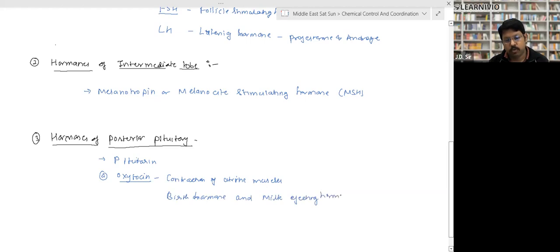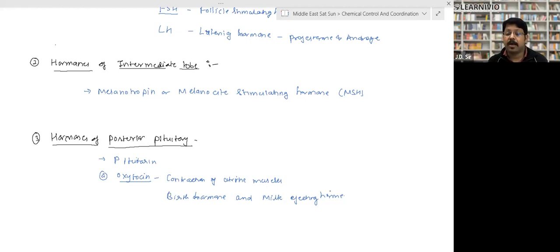Let me make it clearer. Oxytocin is responsible for contraction of the uterus. When the uterus contracts, it pushes, and because of this the baby is pushed outside and birth takes place. The birth of a baby is called parturition. We will study it in detail in class 12, in the chapter on human reproduction.